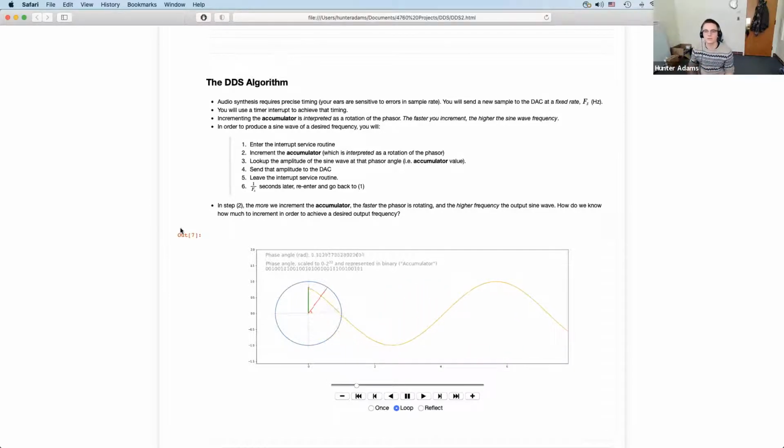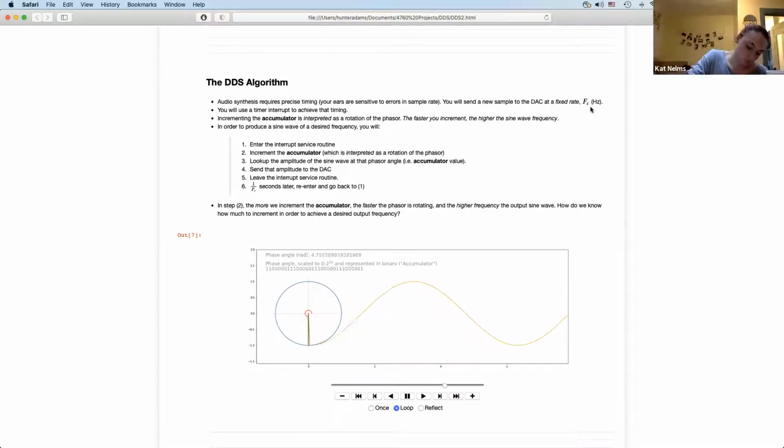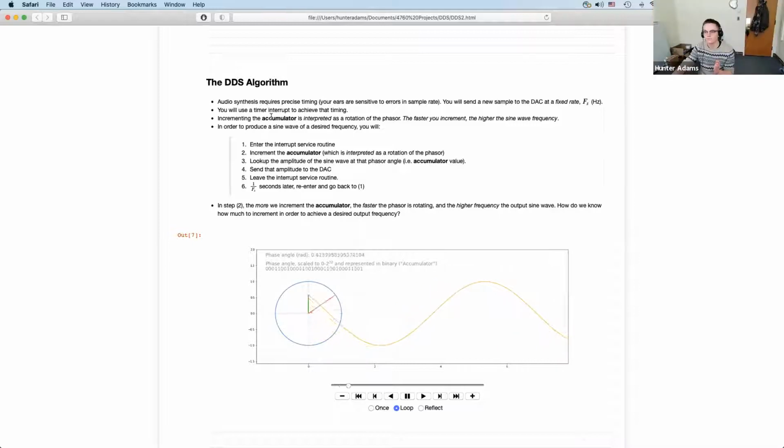The reason we have to be precise is because your ears are sensitive to imprecision. If you have variation in your sample rate, you'll hear it as some sort of artifact. So at exactly some rate, which we'll call F sub S, measured in hertz, we're sending new voltages to the DAC. And you achieve that timing with a timer interrupt.